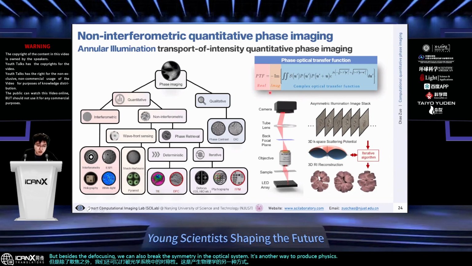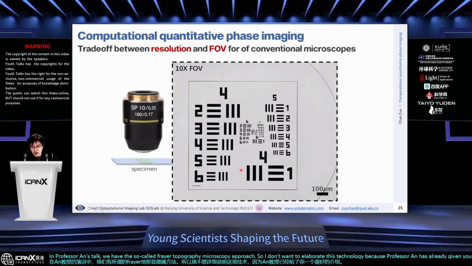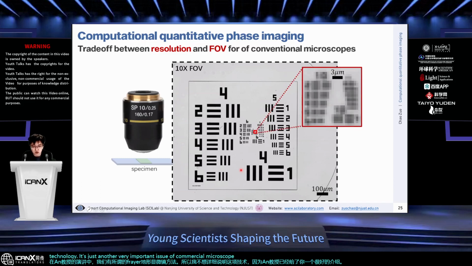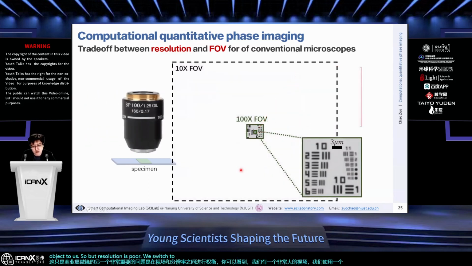As mentioned in Professor An's talk, we have the so-called Fourier ptychography microscopy approach. I don't want to elaborate on this technology because Professor An has already given you a very nice introduction to it. It addresses another very important issue of commercial microscopes, the trade-off between the field of view and resolution. You can see we have a very large field of view with a low NA objective lens, but resolution is poor. We switch to a high NA objective lens, we get better resolution, but field of view is compromised.